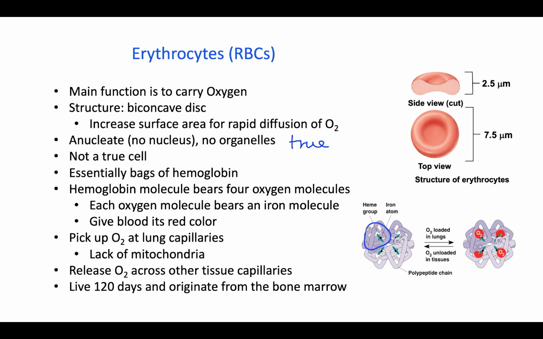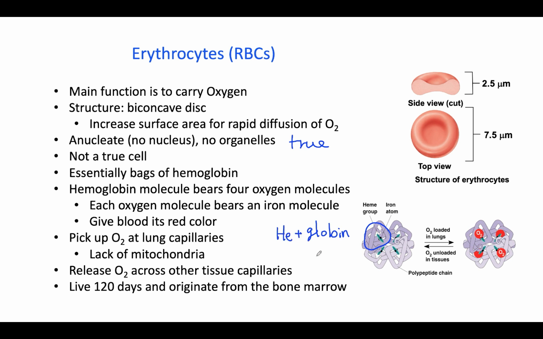And each polypeptide chain contains a heme group. Each polypeptide chain is called globin. And each polypeptide chain also has a heme group.